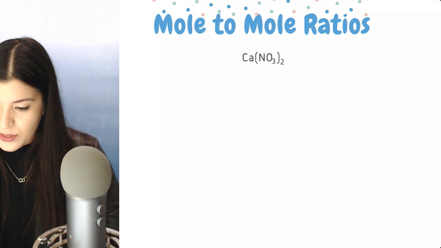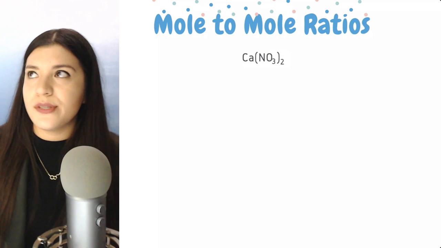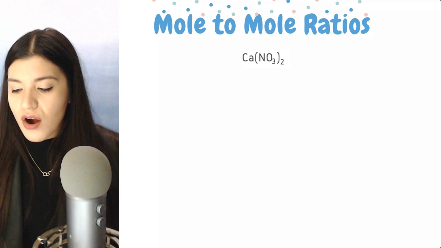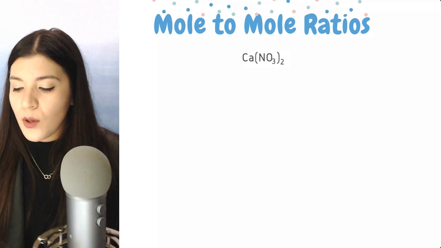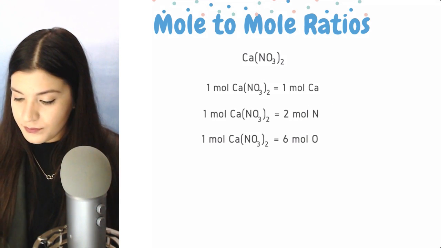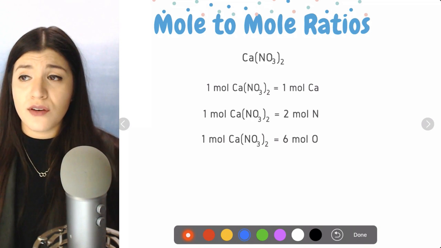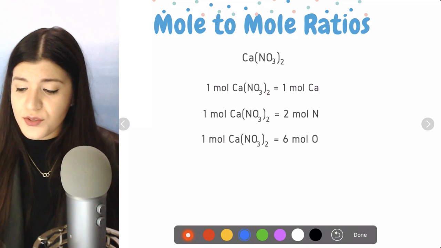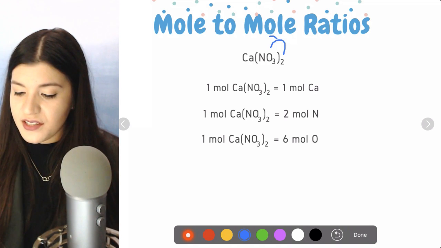Let me continue with this part. So if we were asked how many moles of oxygen are in this entire compound of calcium nitrate, okay? Well, what I want you guys to notice is if we were to think about how many moles of each element there are within, this goes back to understanding that this 2 subscript actually gets distributed.